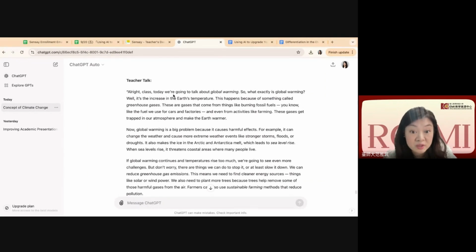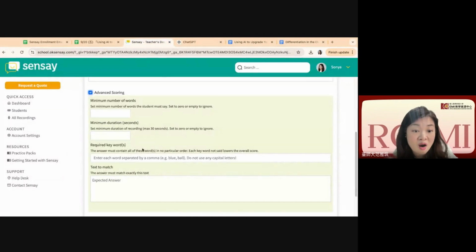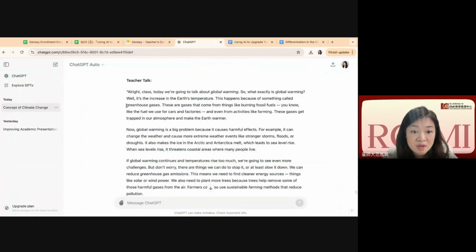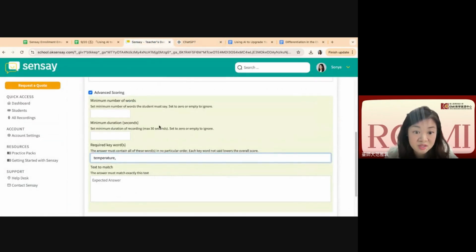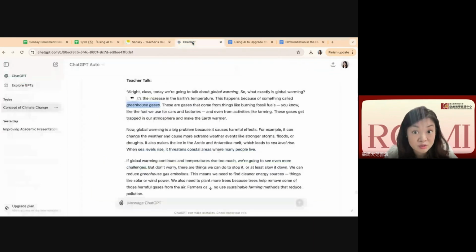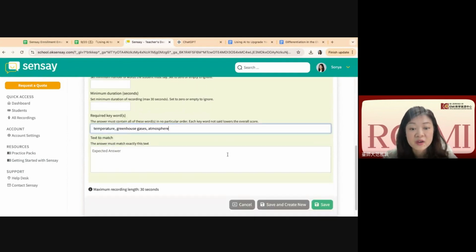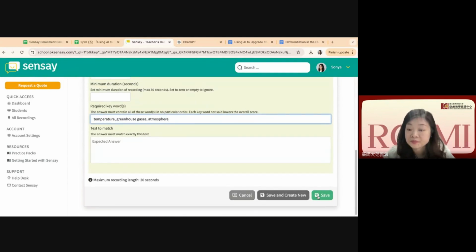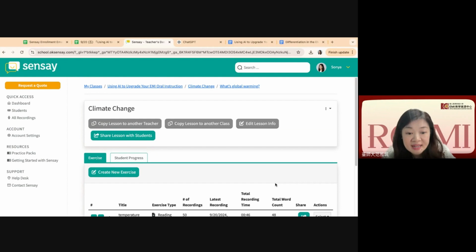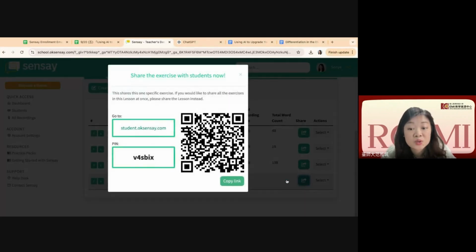Because here there are some concepts that we want to address, right? So they are words like temperature. There are greenhouse gases that you want to introduce to your students. Fossil fuels, if you feel like it. Atmosphere, let's say, okay? And with that, you will get a person who's asking you, what's global warming?